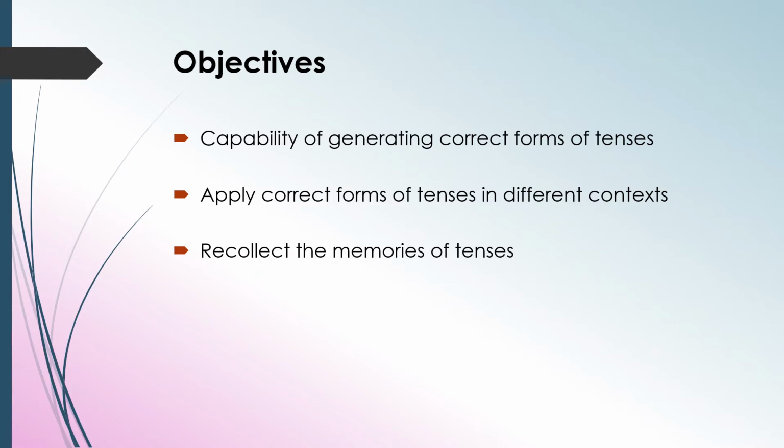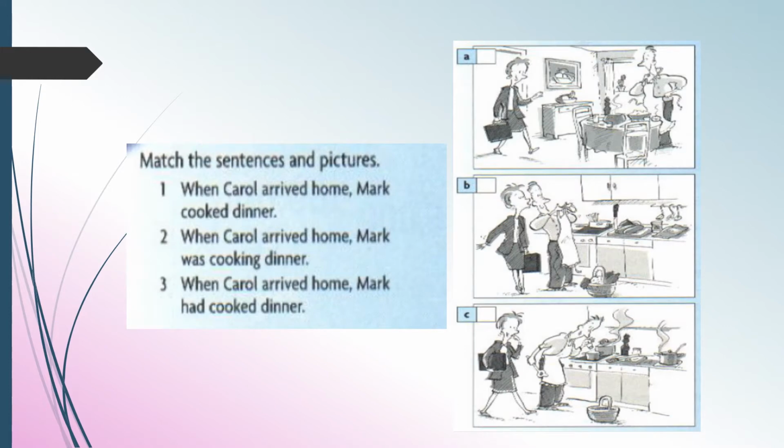And here I come with the introduction. Not so fast, but a glimpse. You can see the instruction: match the sentences and pictures. There are three sentences, 1, 2, 3, and three pictures, A, B, C. You can see the gaps just after the letter of each picture, A and gap, B and gap, C and gap.